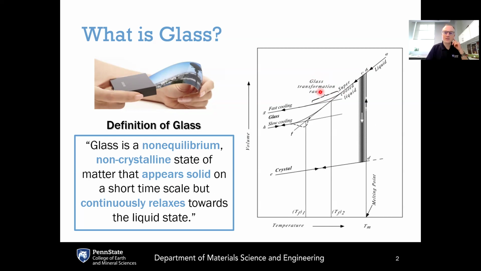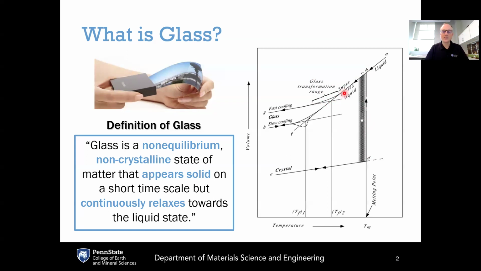Now, when this happens, this is not a thermodynamic phase transition. It's not like going between a liquid and a crystal where there is an abrupt change of properties. Instead, what happens in the glass transition is that there is a gradual freezing in of the supercooled liquid structure.